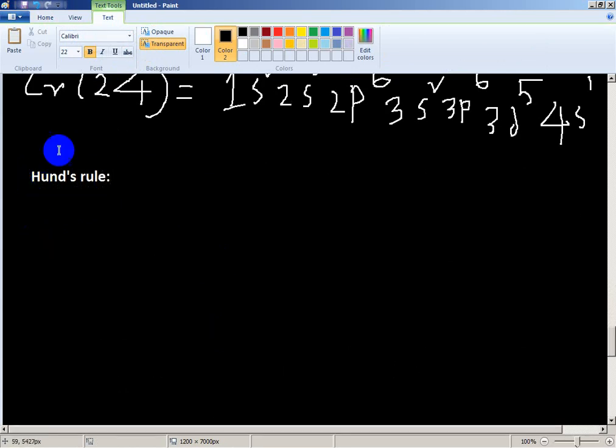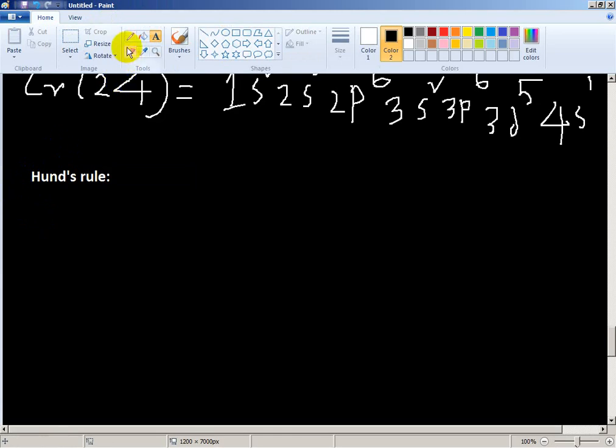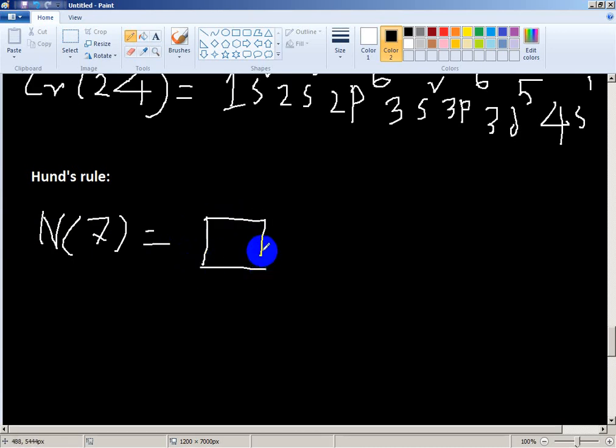I'll write the electronic configuration of nitrogen using Hund's rule. I'll draw this 1s orbital, then the 2s orbital.